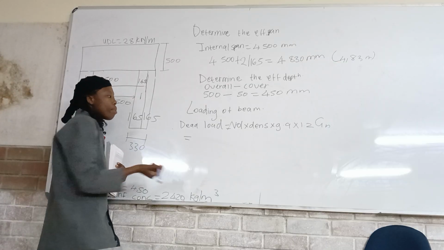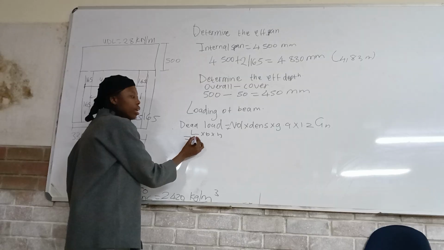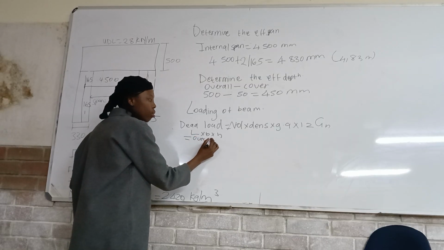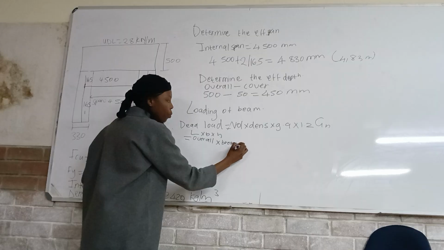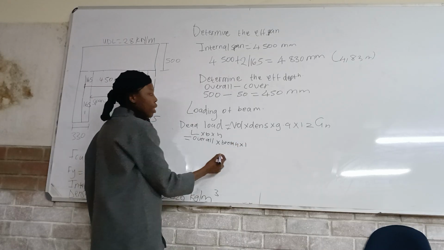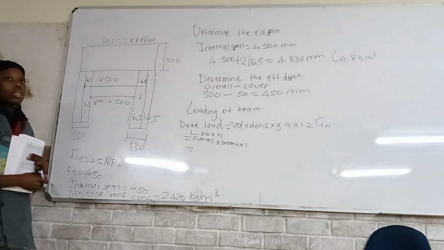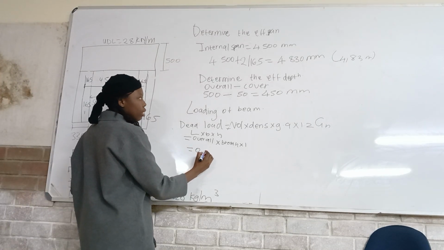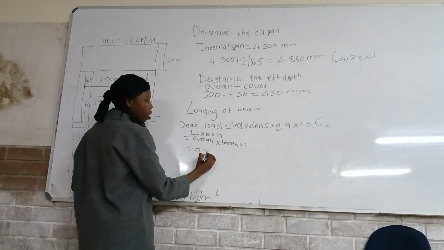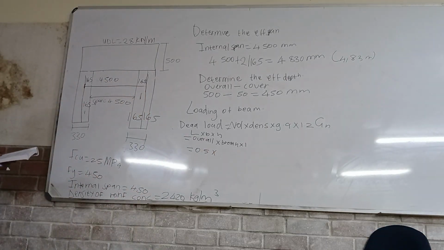Volume for a rectangular beam is length times breadth times height, and we take the length as 1. B is the breadth or width. What is the overall depth? 500, and you write it in meters, so it's 0.5 times what is our breadth?